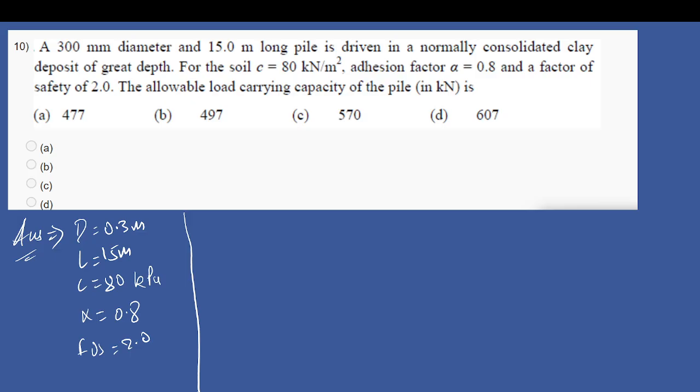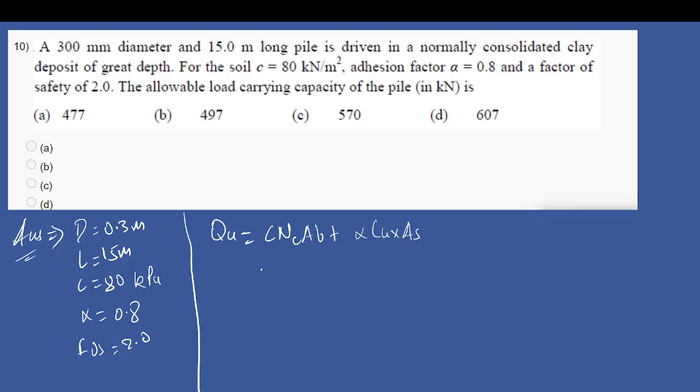So alpha into cohesion. Okay, it's not about the group pile, it's about the individual pile, right? Yes, sir. So Q is equal to alpha into C cohesion into area. Use that formula.